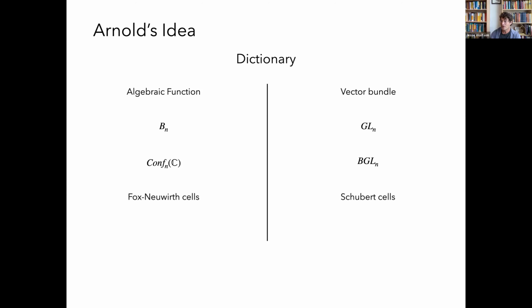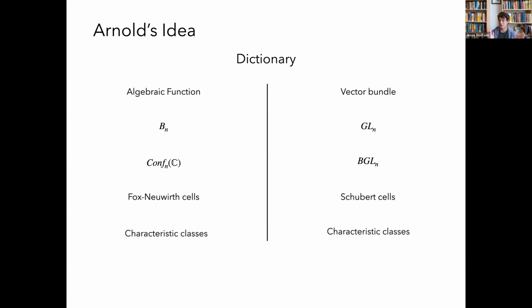Then he pushes further and says, actually, Schubert cells are a really important structure, way of accessing the homology and cohomology, the intersection theory on the infinite Grassmannian. And we have a similar, very important structure for configuration space, namely the Fox-Neuwirth cell structure.